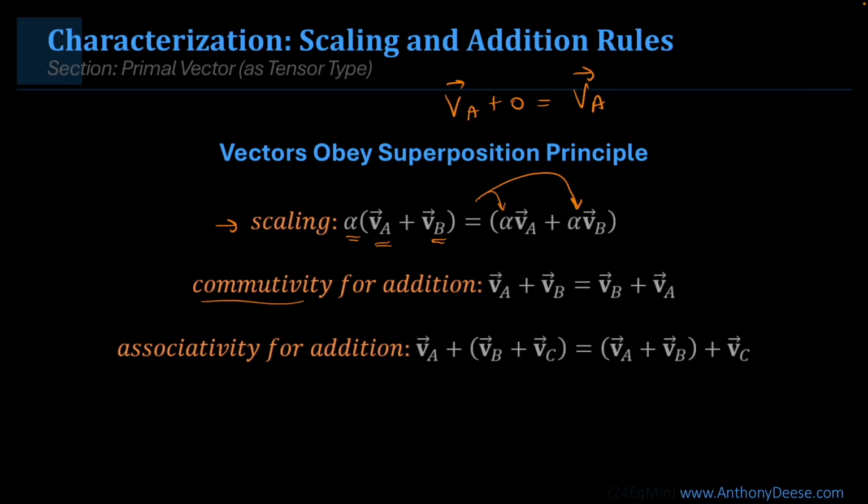We see commutativity for addition, which means we can reverse the order here, as well as associativity for addition, meaning that if we're adding three vectors together, it really doesn't matter whether we calculate the sum of the first two and then the last, or the last two and then the first. We can do that any way we want. But largely, the vectors obey the same rules as any linear operator would.